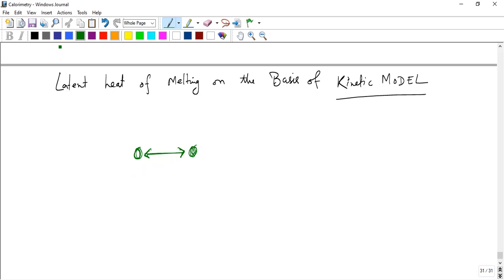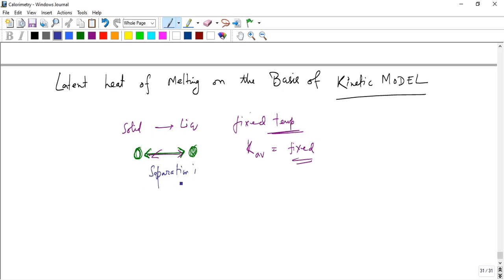When solid changes to liquid at a fixed temperature, the average kinetic energy of the molecules is fixed and does not change, but the average separation between the molecules is increasing. This is important.